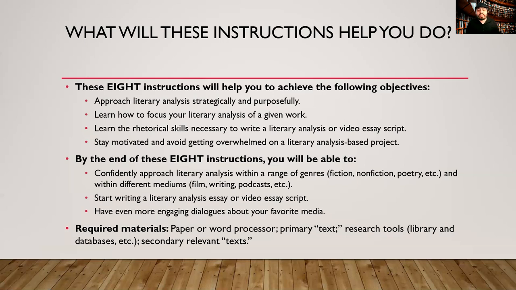You also need research tools available, like your campus library, your local library, library databases, or secondary relevant texts that you find through library research. So those are the required materials you might need for this literary analysis.